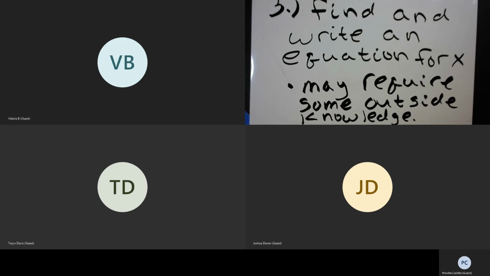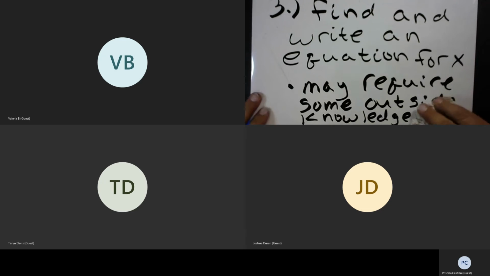So we might need a little bit of outside knowledge. For example, if we're working with, say, investments, how do you compute percent growth, like percent increase or percent decrease? Sometimes we'll get a little bit of outside knowledge that's necessary. So number 4.